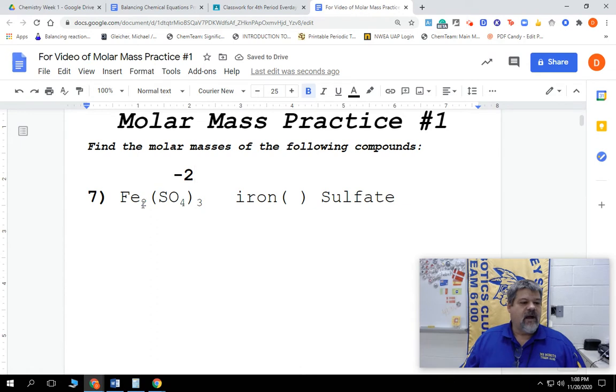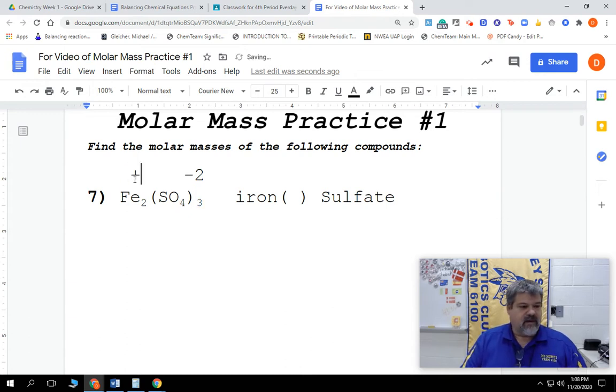So how do I figure out what the charge of iron is over here? Well, the charge of iron is found by finding the total charges and working the way back. Now, one of the things I did say is that here's the shortcut: if this number equals the subscript for this metal, then this subscript equals the charge for the metal.